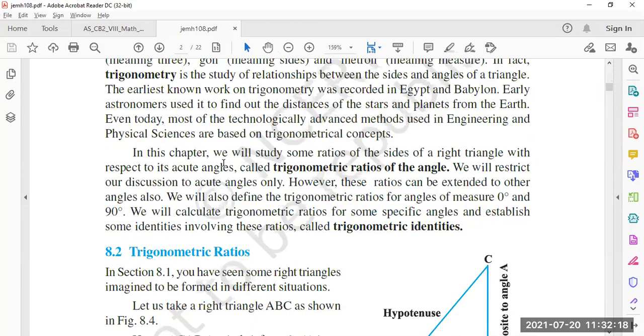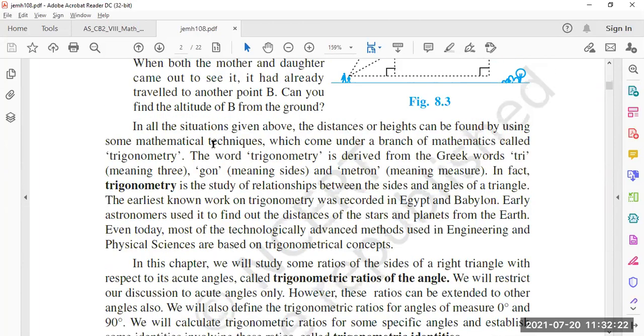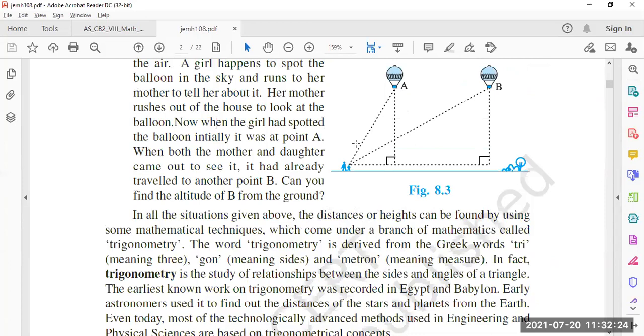Right? So now since this trigonometry is majorly based on right triangles, just a minute, children.